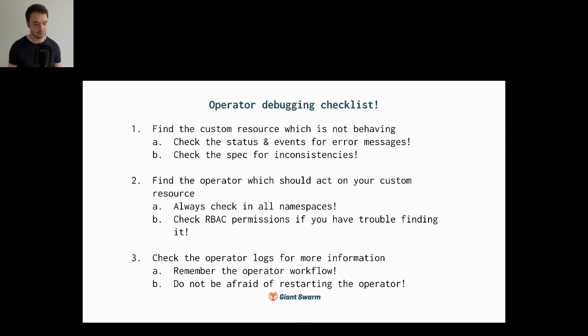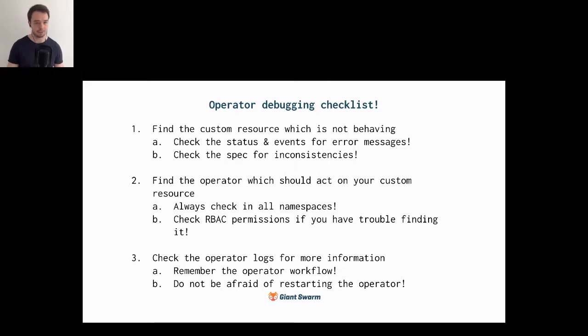Now you have found the custom resource. It still looks wrong. You have no idea what's going on. Find the operator, which should take action on your custom resource. A few pointers here. The operator does not need to be running in the same namespace as the custom resource. So always check all namespaces to find the operator, because an operator can watch everywhere, and therefore it can be a completely different namespace.